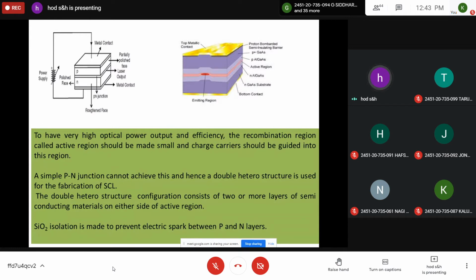A simple heterostructure of semiconducting laser. Take the figure.